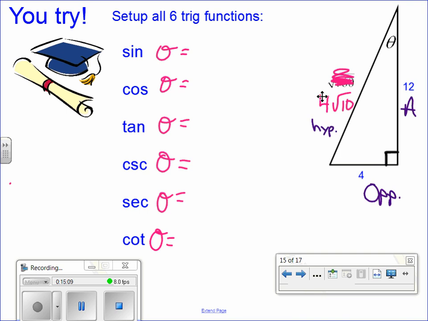You can do the other 5 to see if you can graduate. Sine theta, opposite over hypotenuse. So it would be 4 over 4 radical 10. The 4s would just cancel out, and I would want you to probably leave it like this for your final answer. 1 over radical 10. Okay. Go ahead and try the other 5 all by yourself. If you're watching at home, you can pause the video and try the other 5 by yourself.